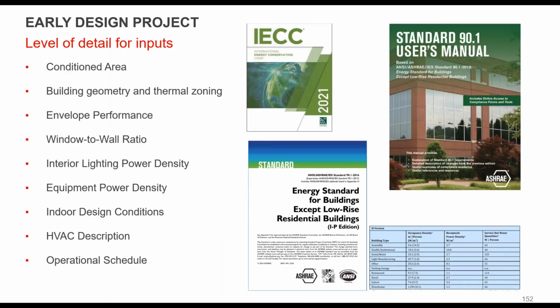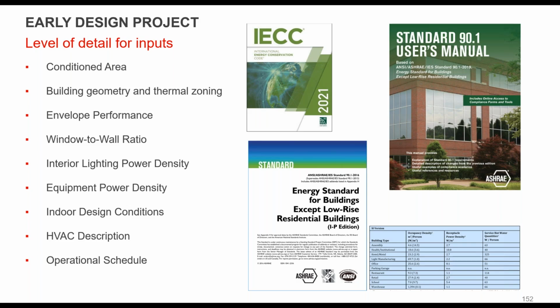When you're looking at early design, the level of detail for the inputs is actually pretty high level. We want to know about conditioned area, geometry and thermal zoning if that is specific to what's going on, and in this case this particular project probably did. Also how the envelope's going to perform, window to wall ratio, lighting, equipment power, design conditions for temperature and humidity, an HVAC description, and some sort of schedule.